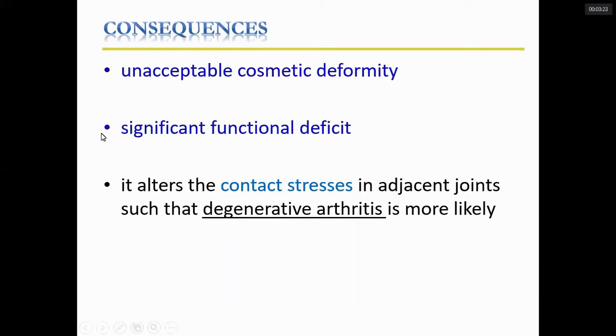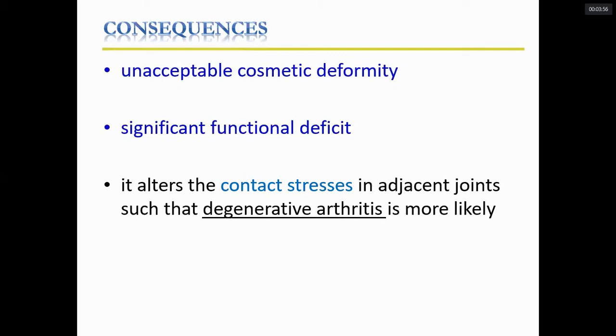What are the consequences of the malunion? It can lead to unacceptable cosmetic deformity. The patient may feel that these two limbs are not identical, so there is something happening with the bone. If it occurs in an abnormal position of a particular region, for example cross union of radius and ulna, there can be difficulty in functional outcome, for example supination and pronation.